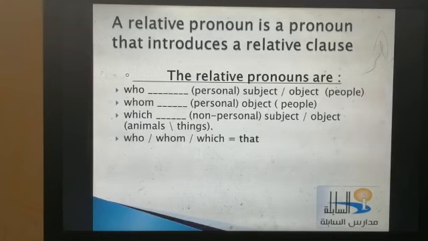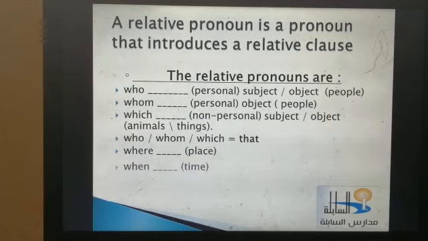Who, whom, which. That. We can replace who or whom or which by using that. Where, a place. Where comes after a noun which indicates a place. When comes after a noun that indicates a time.